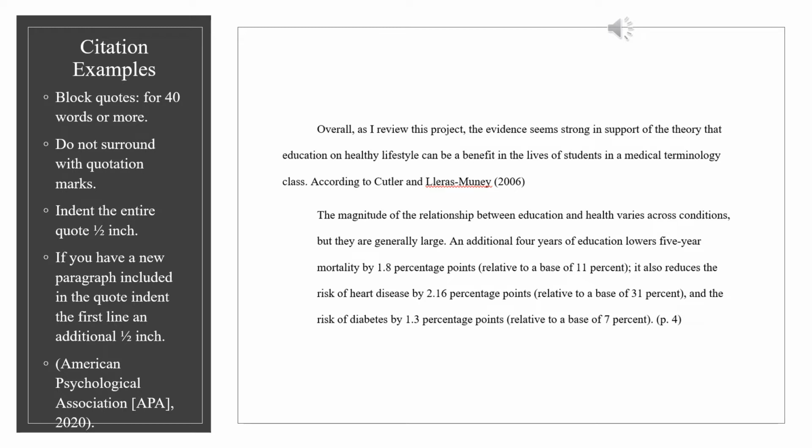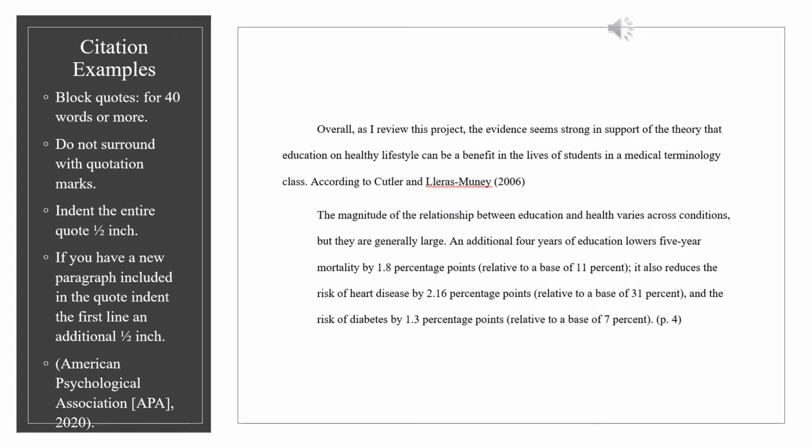Here you see an example of an in-text citation using a block quote. Always use block quotes if you have a quote that has 40 or more words. In this case, you do not surround your quote by parentheses. Rather, you would indent your entire quotation 1/2 inch.